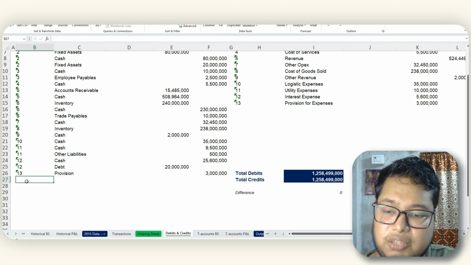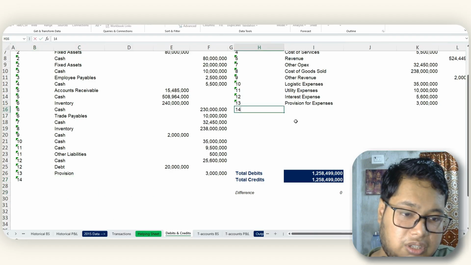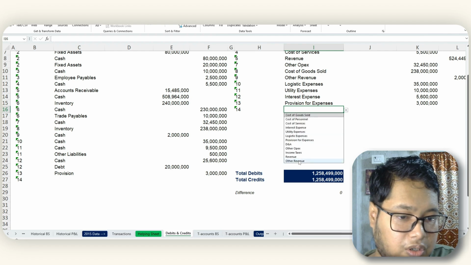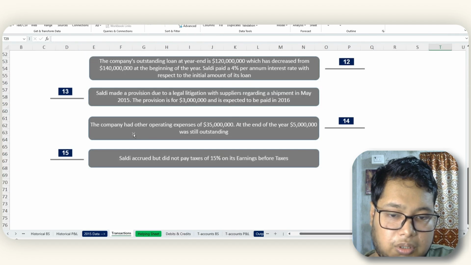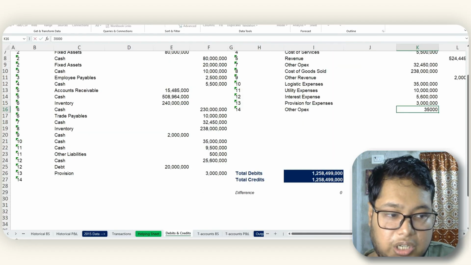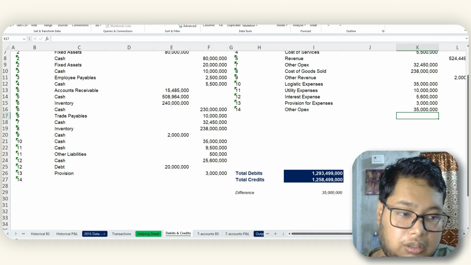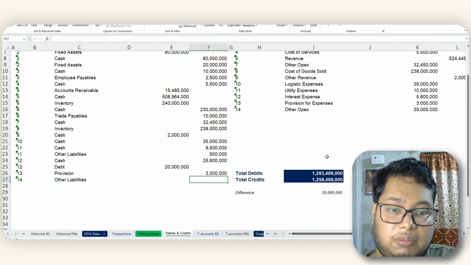So yeah, let's make transaction 14. First of all, some has been paid in cash, so let's make the expense first. It's other OPEX. Obviously, how much? Once again, let me see. Other operating expenses, $35 million. $35 million other OPEX. And how much is in remaining payables? Let's see. Other liability, $5 million in the payables, right?